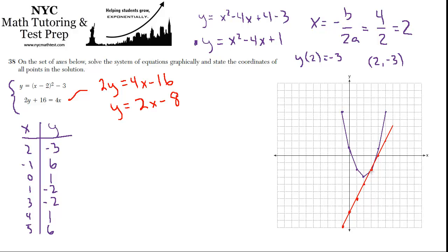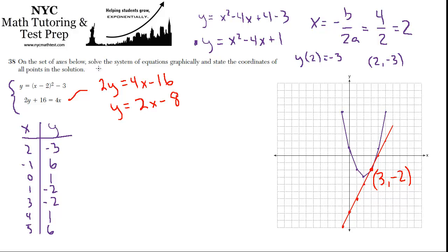So the only intersection point is this point right here, which is 3, negative 2. And you can make a table of values for this too, but when it's in slope-intercept form, it's pretty easy to just graph the intercept and then go up 2 over 1, and that'll do it. So that's really the only intersection point.